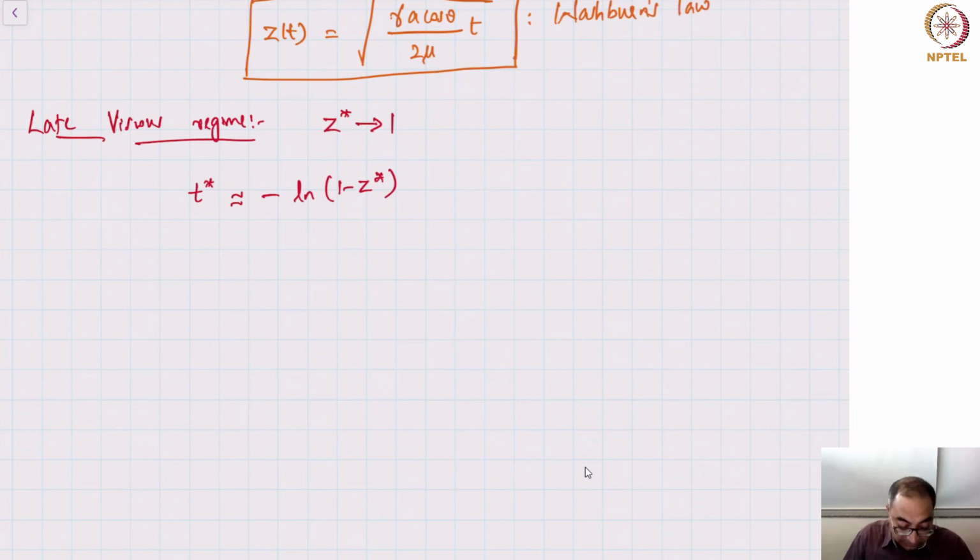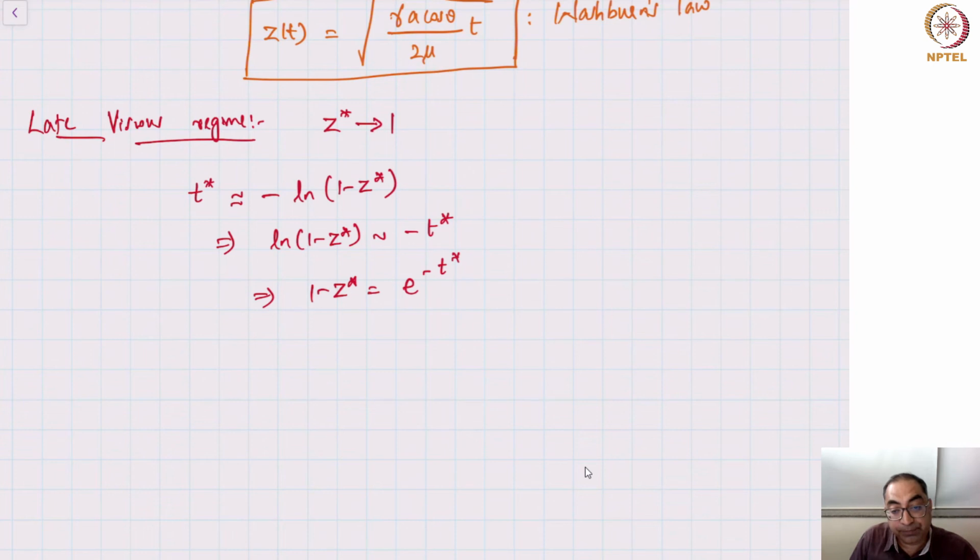These are the two dominant terms, and therefore I have logarithm of 1 minus z star goes like minus t star. 1 minus z star is exponential of minus t star. z star is 1 minus exponential of minus t star.